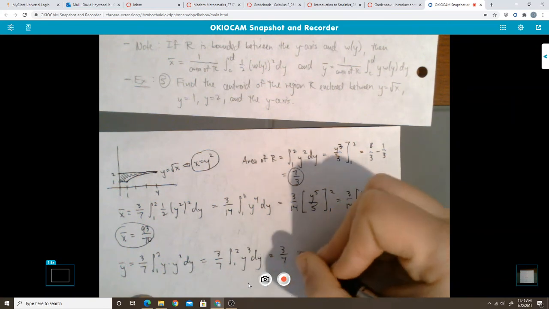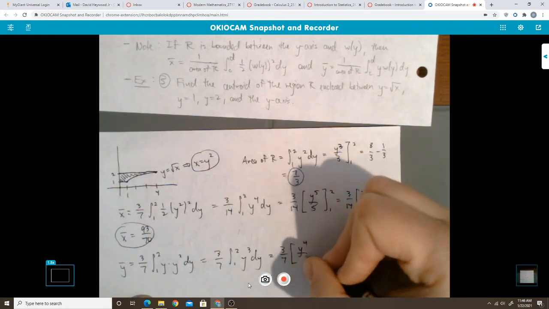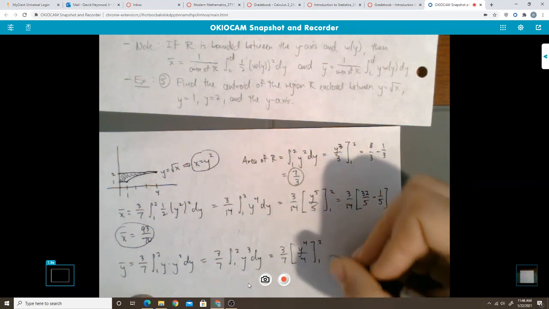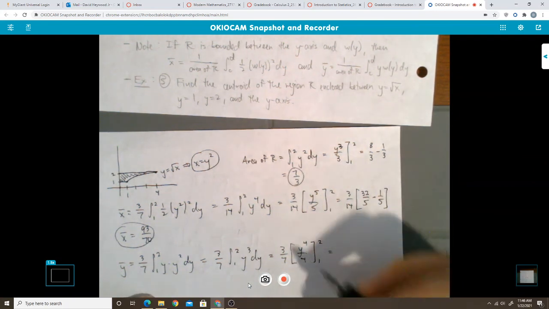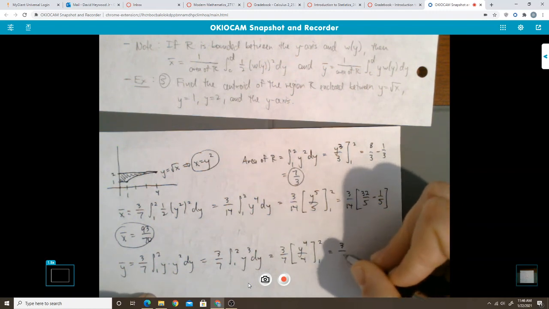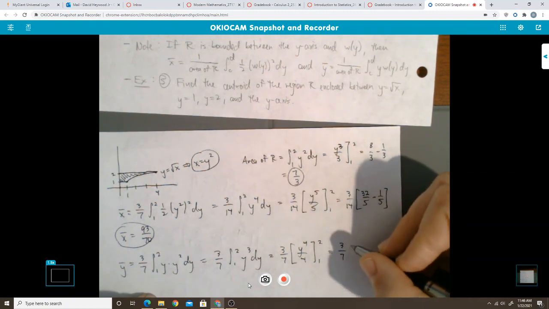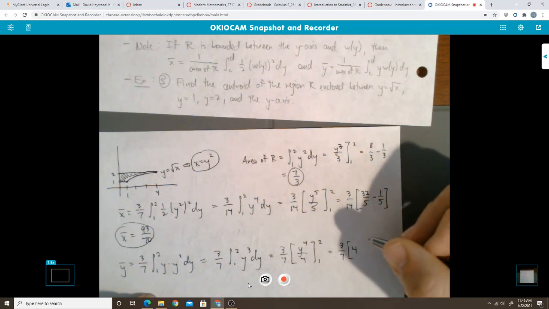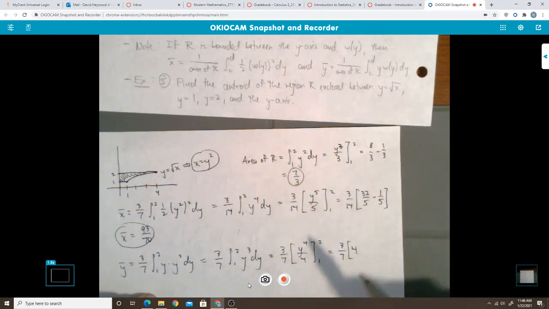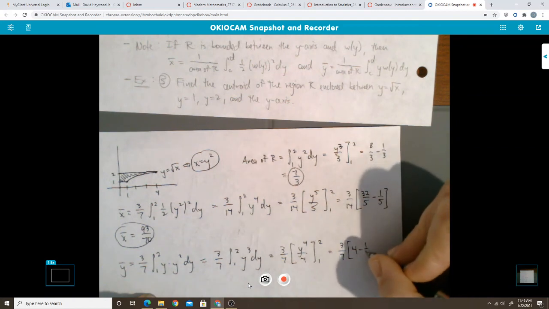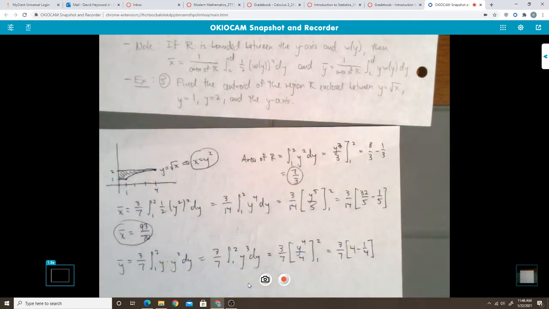That's 3/7 times y to the 4th over 4, evaluated from 1 to 2. 2 to the 4th is 16, 16 divided by 4 is 4. And then we plug in 1, we get 1/4. And of course we get fractions. Well, 4 minus 1/4 is 15/4, and then that times 3/7 is 45/28.